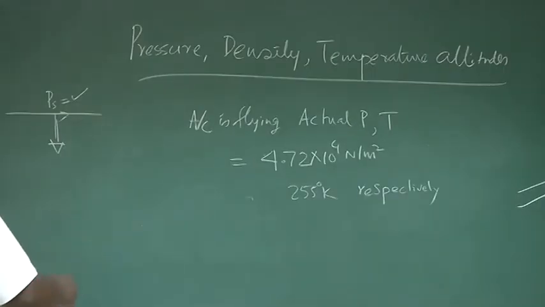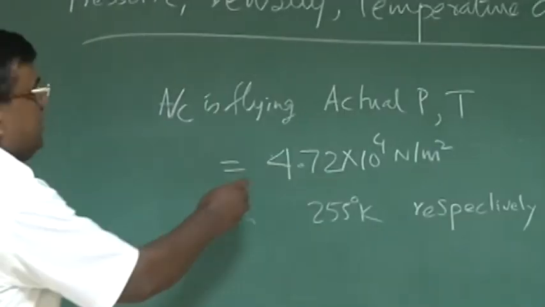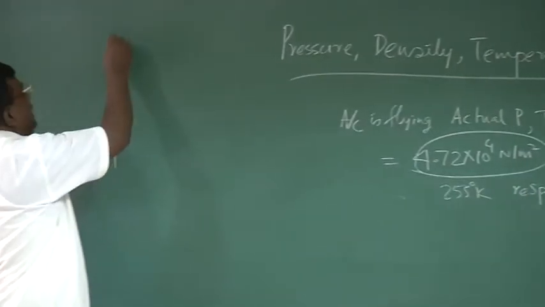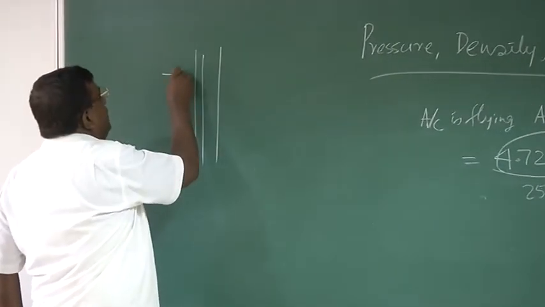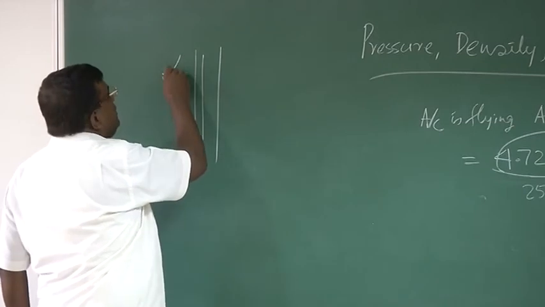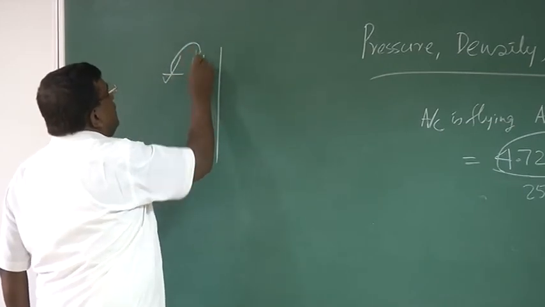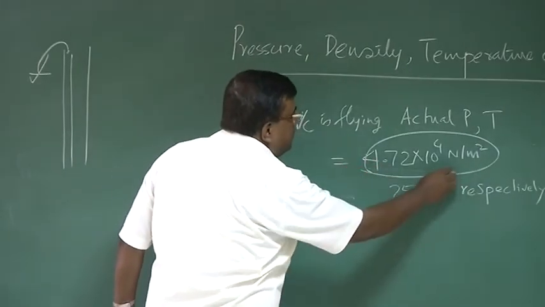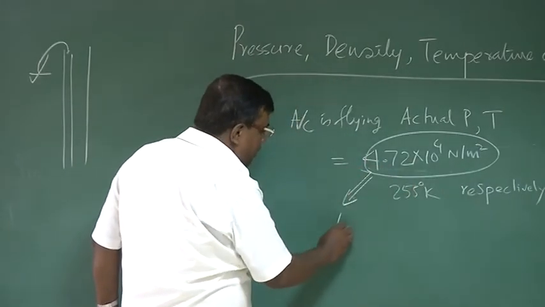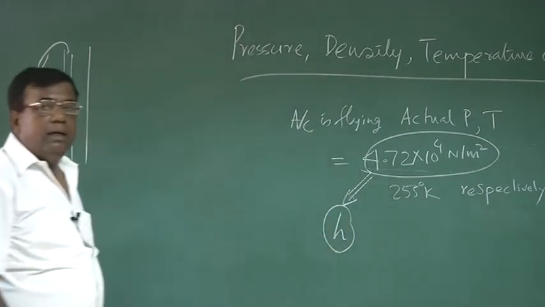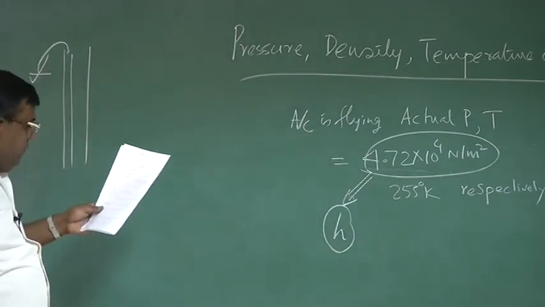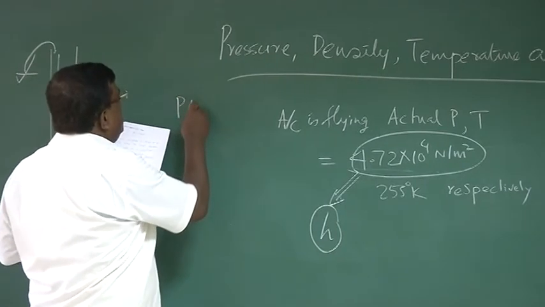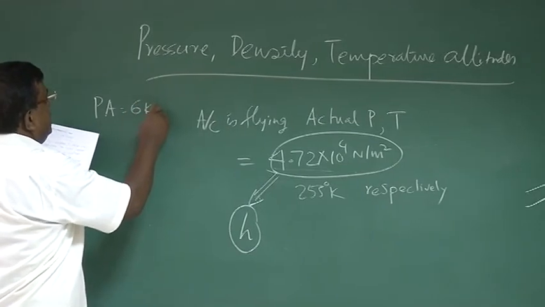What I will do now, I will take this much of pressure, then I will go to the standard atmosphere table, I will find out where is this pressure and check what is the altitude that corresponds to that pressure. That is, I will see standard atmosphere table and look for this pressure and corresponding value of H, that will be the pressure altitude. In this case, you will find that pressure altitude will be 6 kilometers.